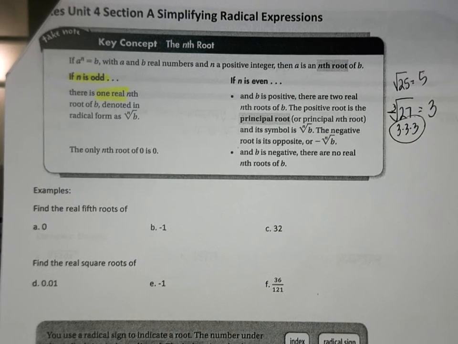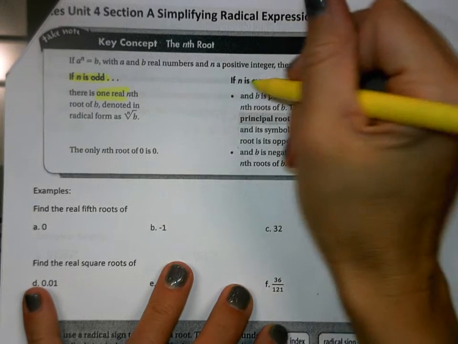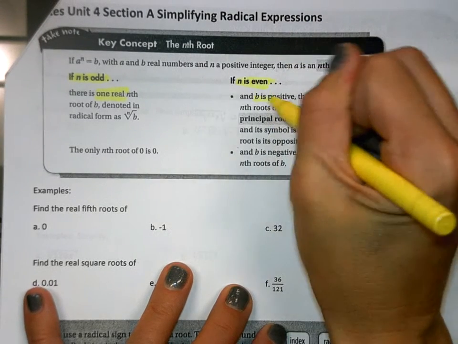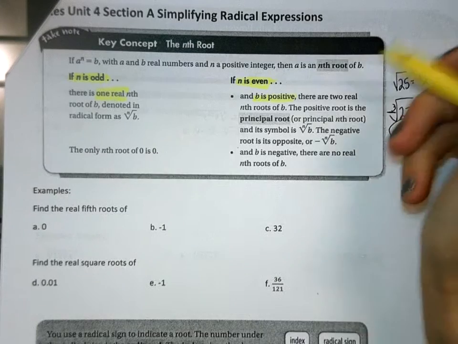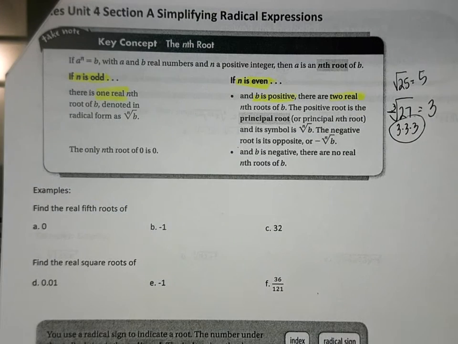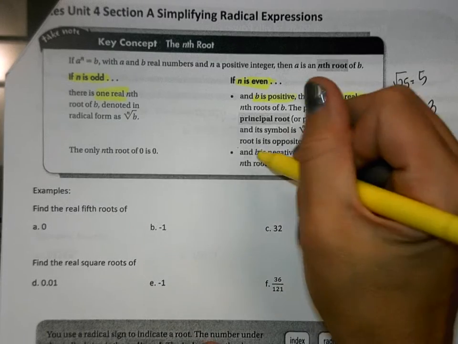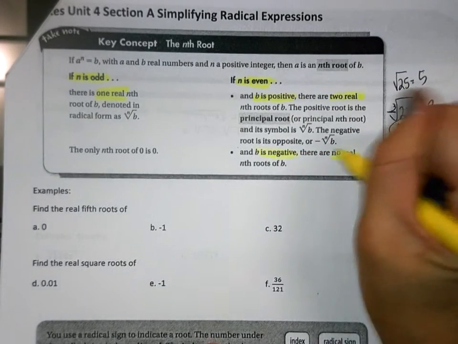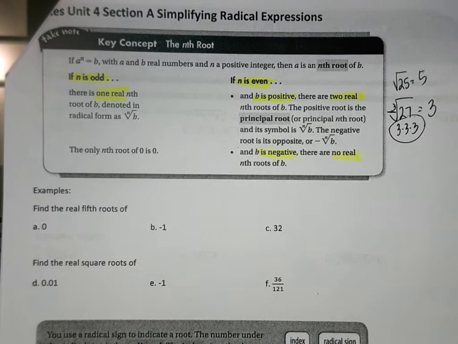But if n is even and b is positive, there are 2 real roots. The positive root is called the principal root, and the negative root is the opposite of it. If b is negative, though, remember, we talked about this last unit, there are no real roots because that would end up becoming an imaginary number.